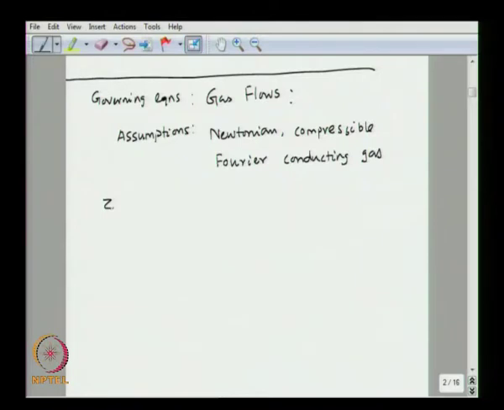So we write down the stress tensor tau ji, which can be written as minus P into delta ji, plus eta into del ui over del xj plus del uj over del xi, plus lambda del uk over del xk into delta ji. So this is the stress tensor.